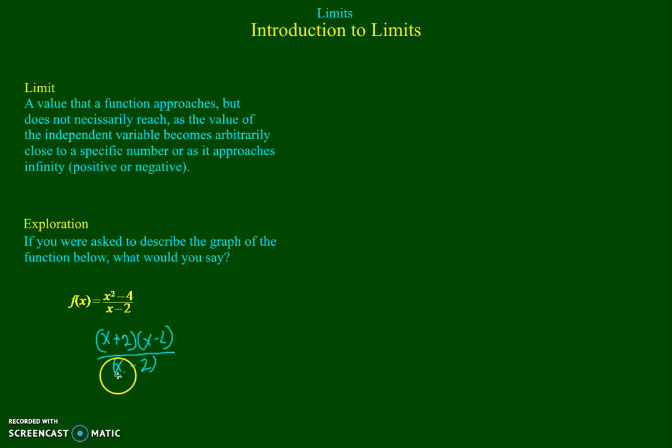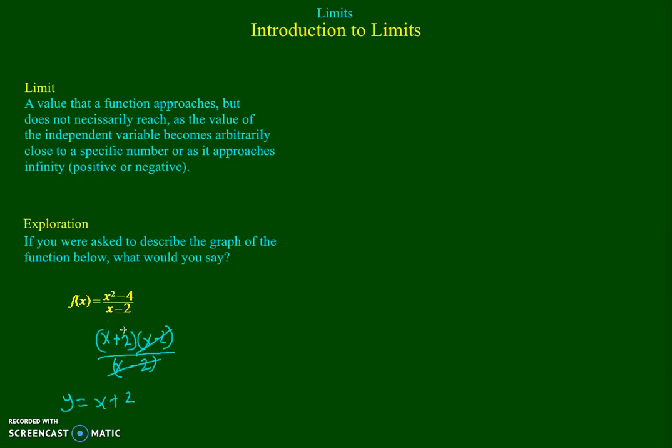And you would notice that this is a problem. The function doesn't exist at 2, but because this x minus 2 factors up here, these two cancel out. So you would know that this function is the equivalent of the equation y equals x plus 2, but at x equals 2, it has a hole.